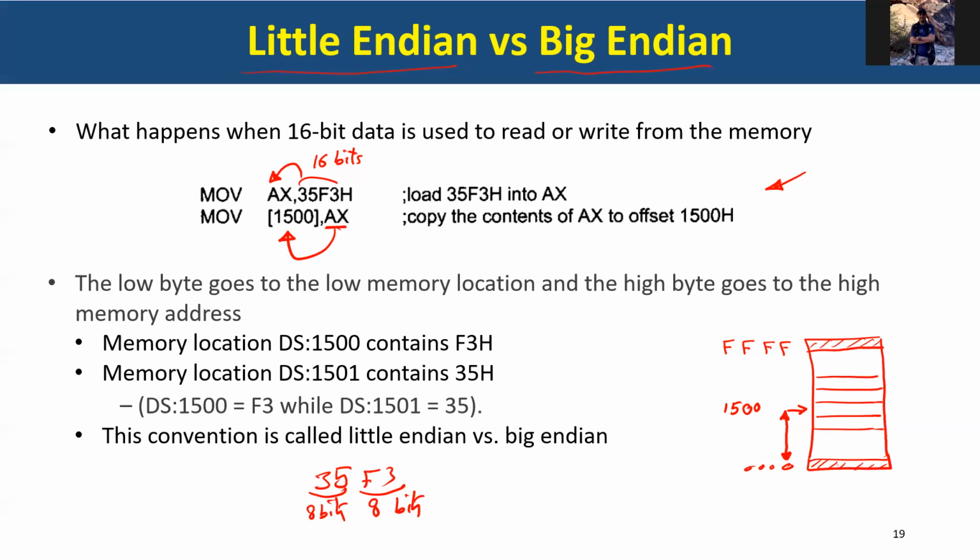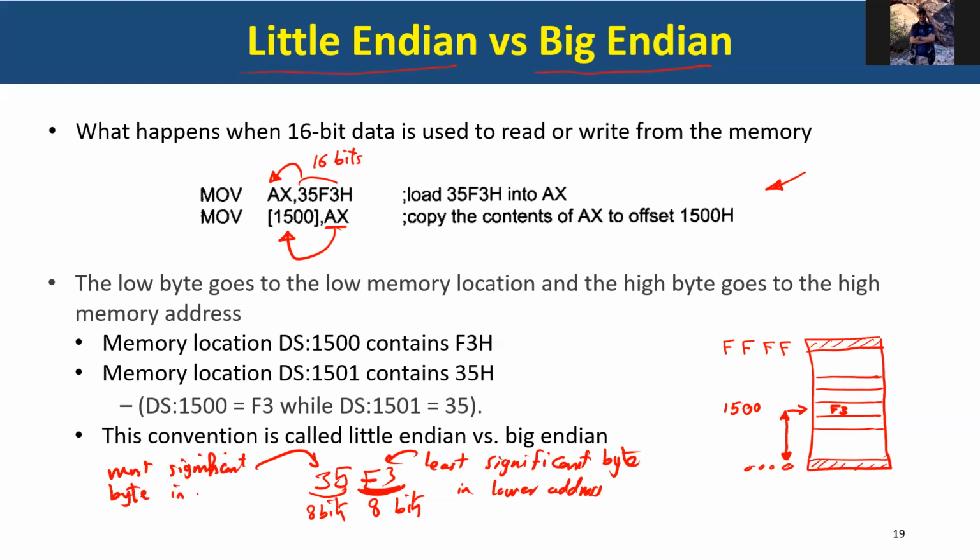In the little endian style, you put the lower byte, the least significant byte, in the lower or smaller address. So we're gonna put F3 here in 1500, and you put the most significant byte in the higher address.